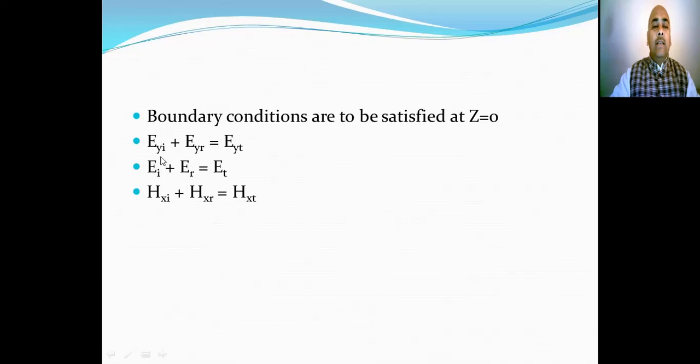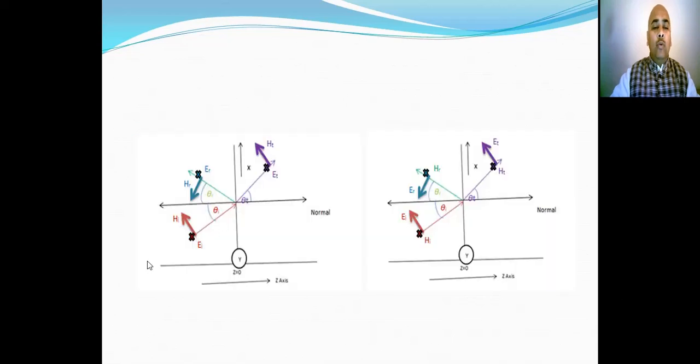That is, the tangential component of the electric field in medium 1 consists of two electric fields: one for the incident wave, the second for the reflected wave, both in the y direction for a perpendicular polarized wave.